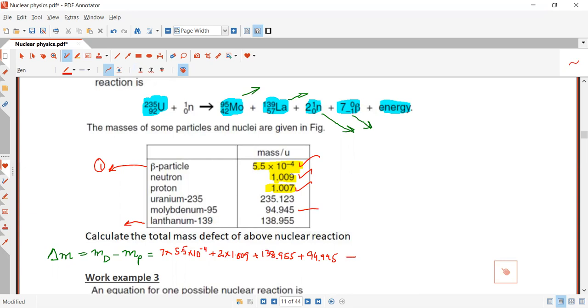And then we have to subtract the parent nuclear mass, which is first uranium. Uranium is given in the table here, so it's going to be 235.123 plus one neutron, that is 1.009. So you can calculate this thing, right?